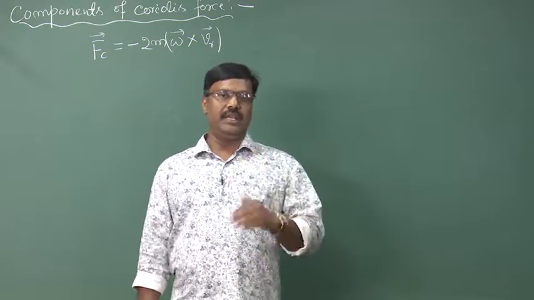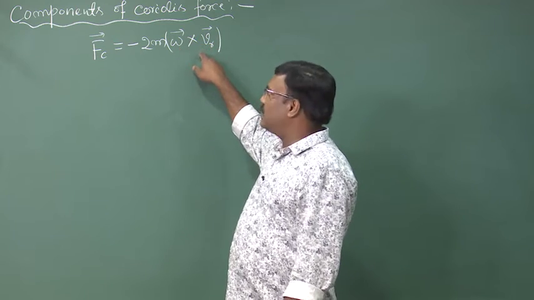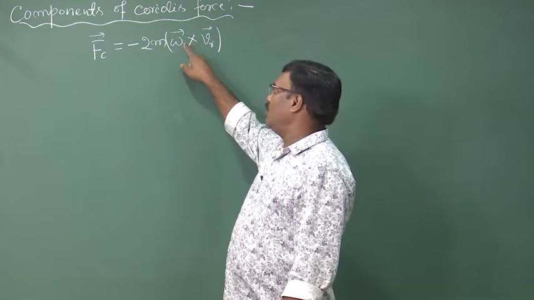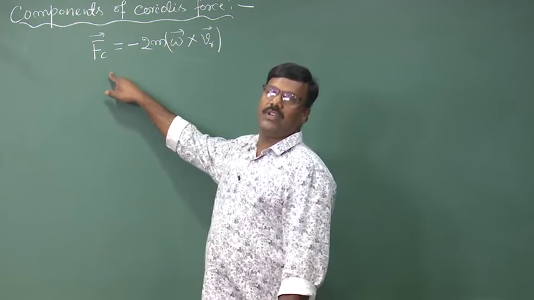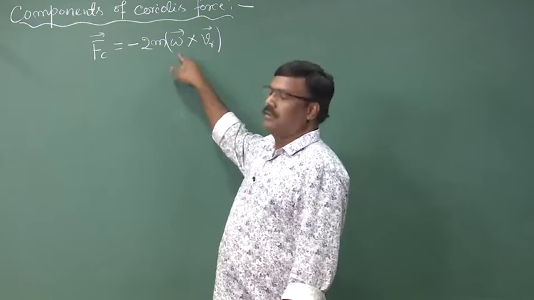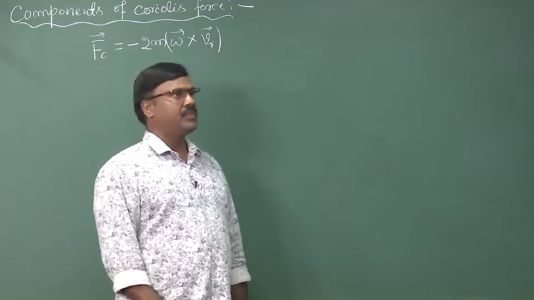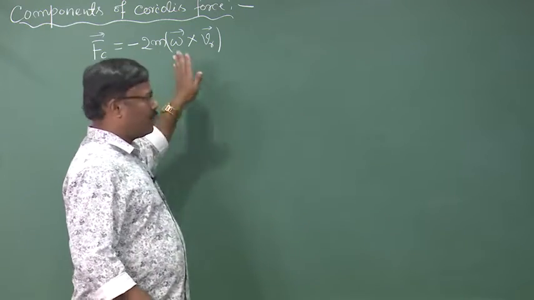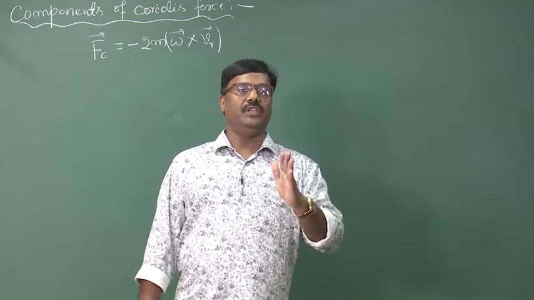The direction of omega cross V is always perpendicular to the plane containing omega vector and V vector. That is why the direction of Coriolis force is always perpendicular to the omega and V vector. Here we have to find out the components of Coriolis force.